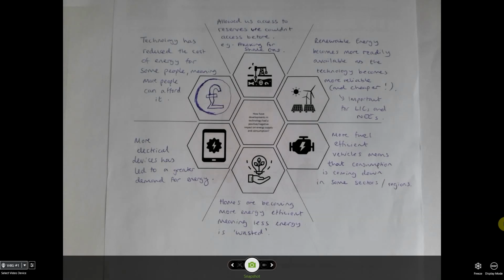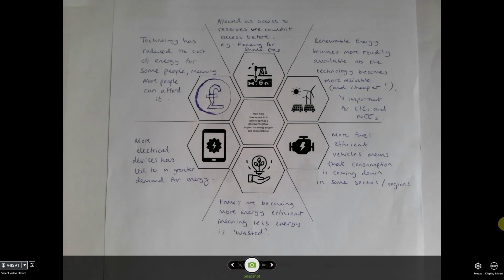That again presents a really positive thing, that actually we're making some steps in the right direction in terms of fuel efficiency. The same can be said for the efficiency of our homes and buildings as well. So with improvements in technology like LED lighting, for example, homes and workplaces, they're becoming more energy efficient. So we're wasting less energy as a result of that technology.